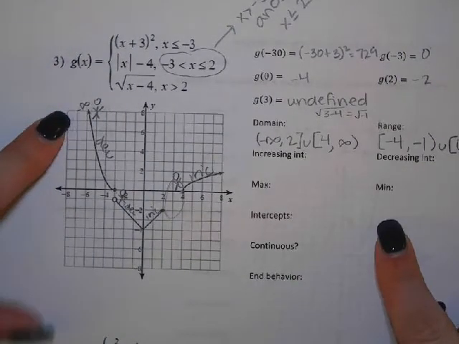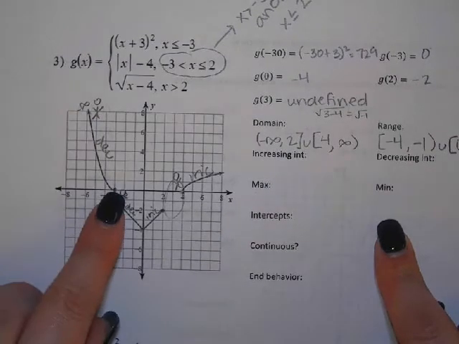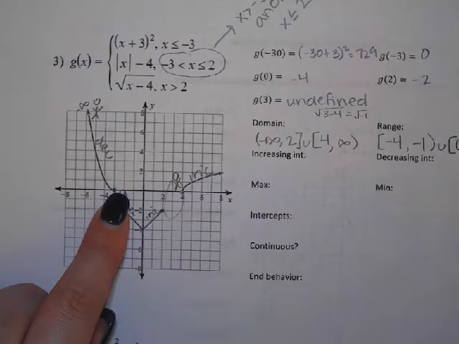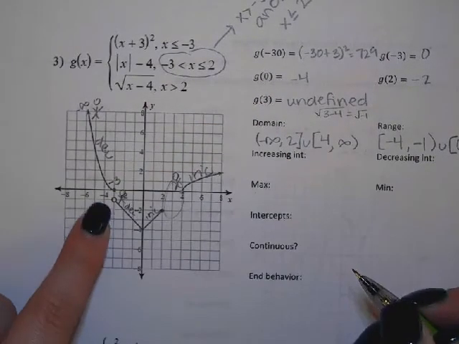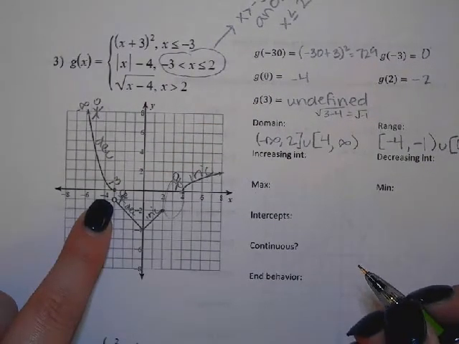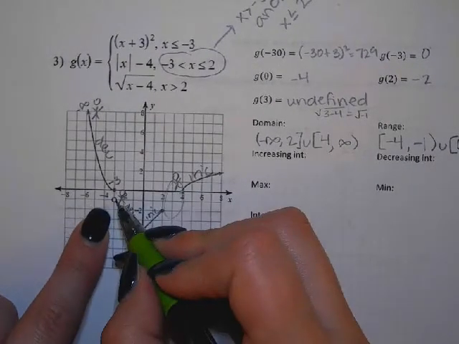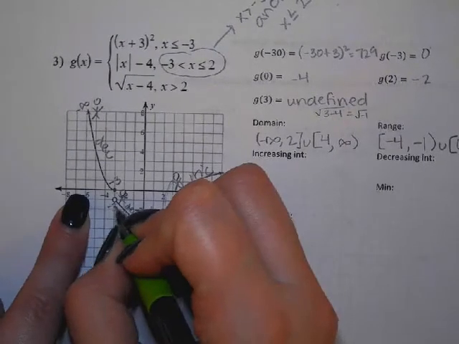Okay, so we have negative infinity. What do we have right here? Where did Fred die? The black hole. What number? -3. Tiffany Tootsie, TT, was right here, and that's at -3.